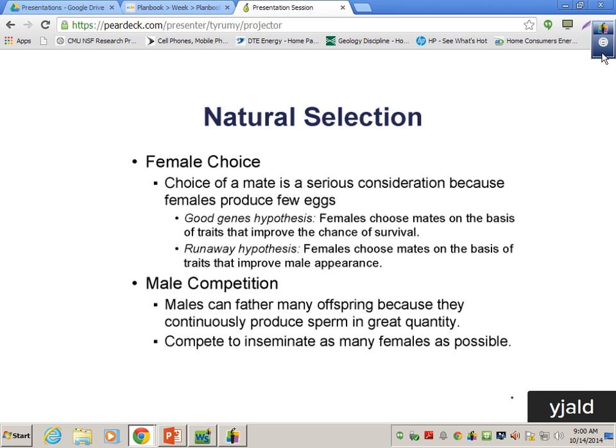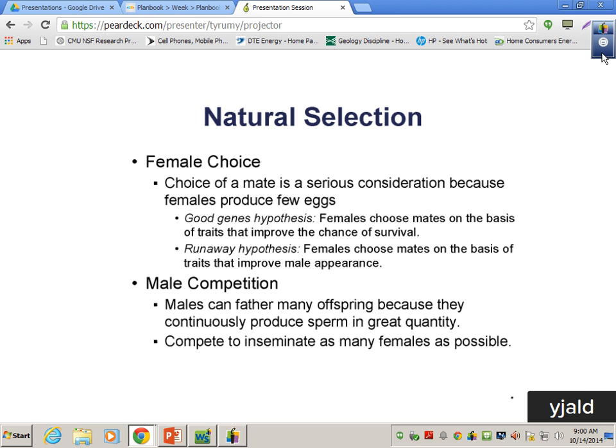Okay. So the good genes hypothesis is where females choose mates on the basis of traits that improve the chance of survival. Sometimes that's true. The runaway hypothesis is where females choose mates on the basis of traits that improve male appearance. So these are the two conflicting hypotheses out there, and I can prove both of them correct with data. They're the ones that we see on the Discovery Channel all the time, aren't they?